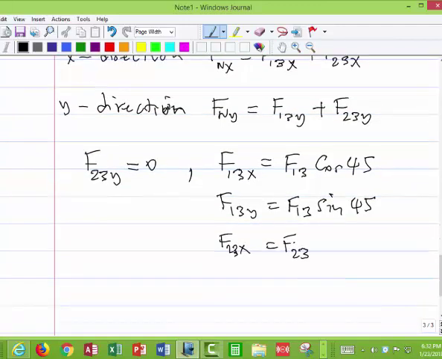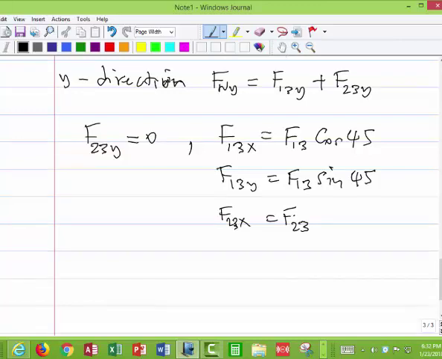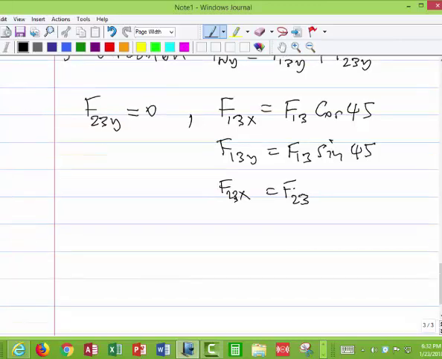So all we need to do is to find F13 and F23, and then we take the cosine 45 and sine 45 of F13 to get F13x and F13y, and then we'll do the same for F23x. F23x is just the magnitude of F23, whatever it is.